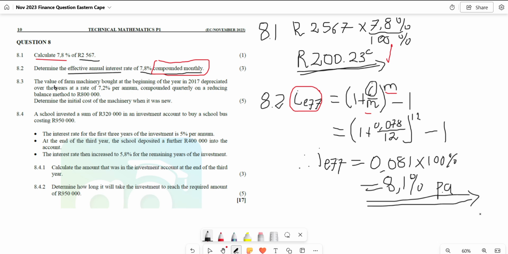Mark allocation there: 3 marks. How do we award the marks? 1 mark for choosing the right formula from the formula sheet, 1 mark for correct substitution into the correct formula, and 1 mark for the I effective in percentage, which is 8.1%. Remember, under finance, growth and decay, particularly for those learners who are doing technical mathematics, if you choose the wrong formula, we are going to write what is called BD.